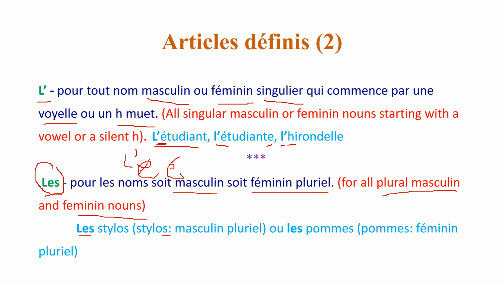It's masculine plural. Or pomme, being a feminine noun, but it is in plural, we add our S, so what do we have? Les pommes. So, les stylos, which is masculine plural, or les pommes, which is feminine plural. It makes it easier if you have to put an article in front of a plural noun. It's going to be LES, okay, article défini.